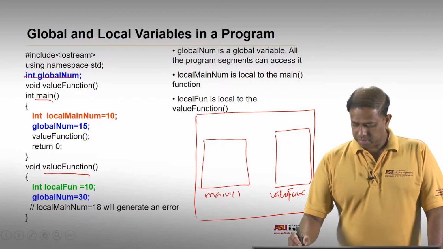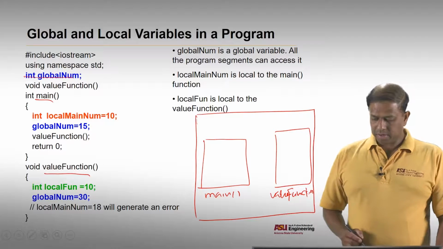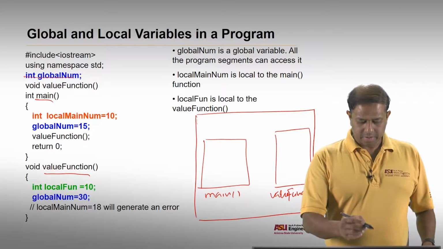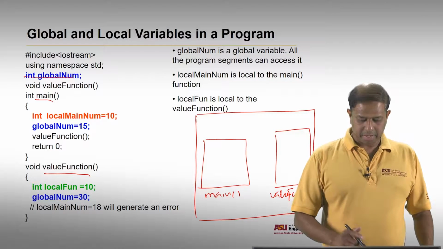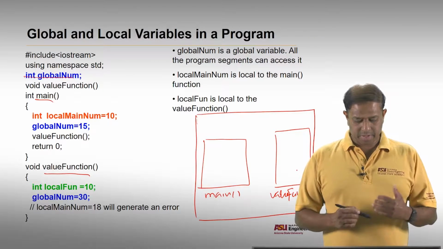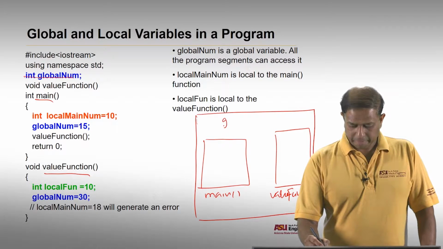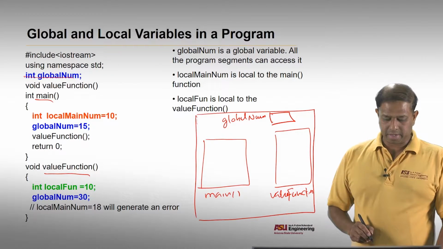Okay. Now when you have these variables defined in different areas, global num does not belong to the main, global num does not belong to the value function, but it's a common thing. Therefore global num will be allocated in this area, right?